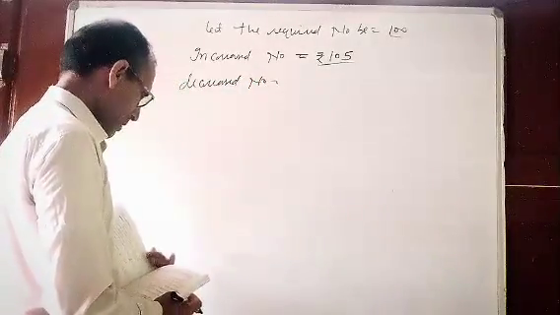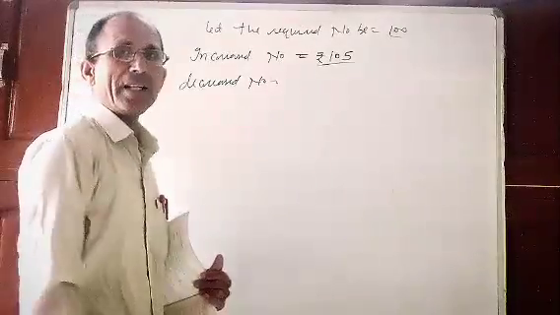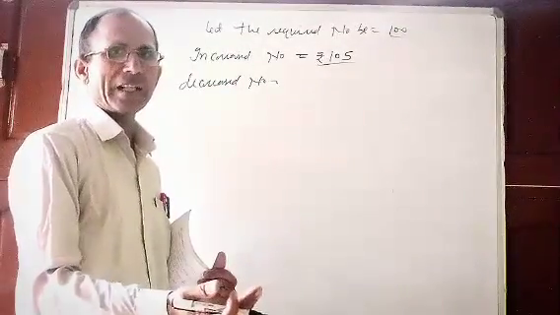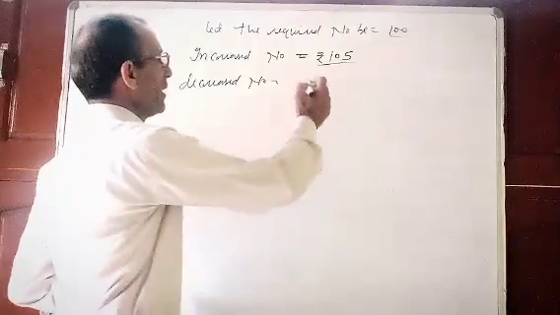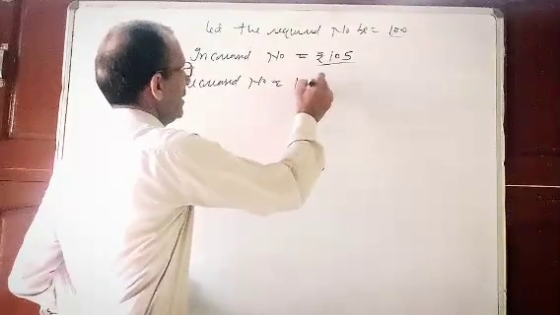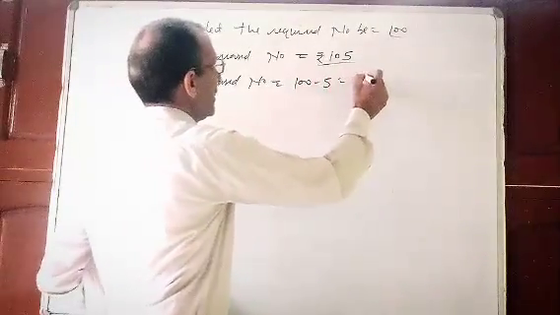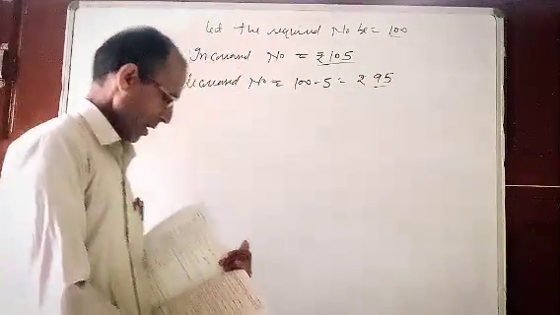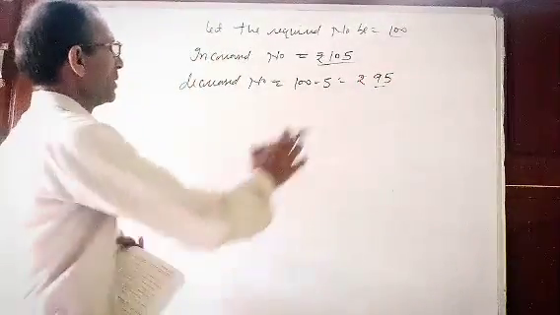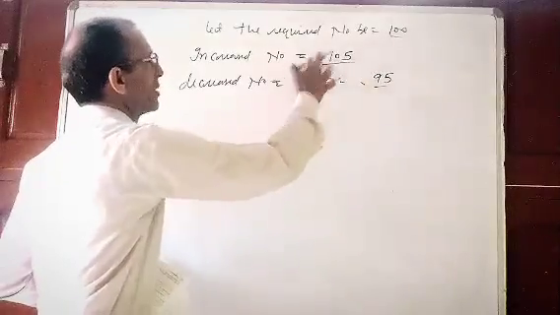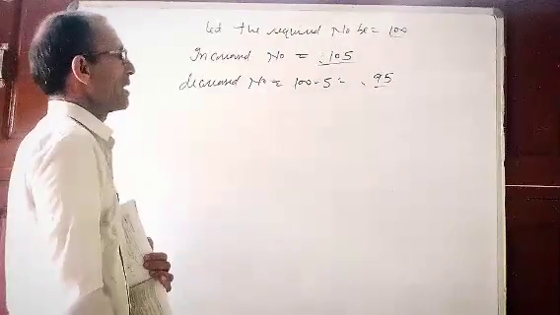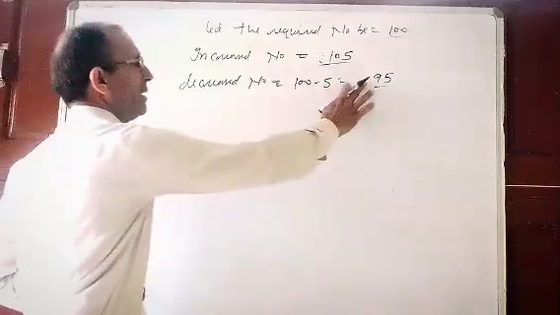I assume the original number is 100, and it is decreased by 5%. After decreasing, it becomes 100 minus 5, which is 95. No need to write rupees because the number is 100. The increased number is 105 and the decreased number is 95.